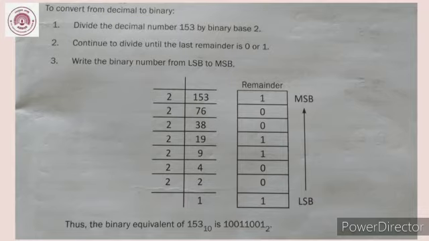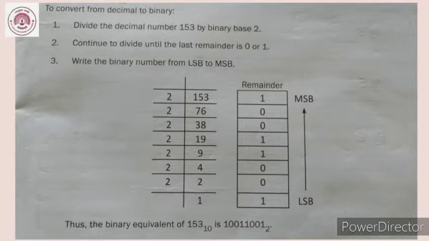Now you get 76 after the division. Now divide this 76 by 2. So you get 2 3s are 6 and 2 8s are 16. And here we do not get any remainder. So remainder is 0. We will write this in the remainder box. Now the answer that we get is 38.